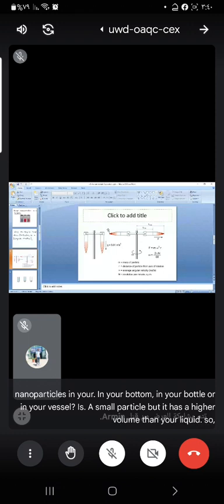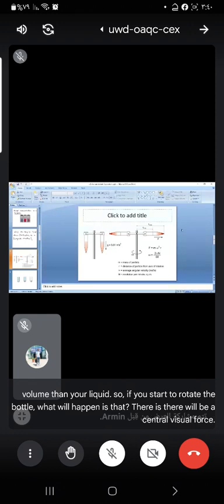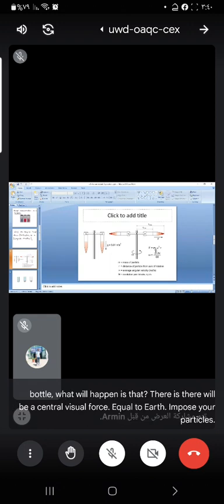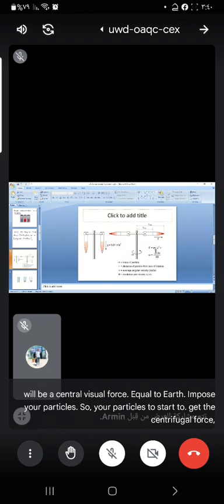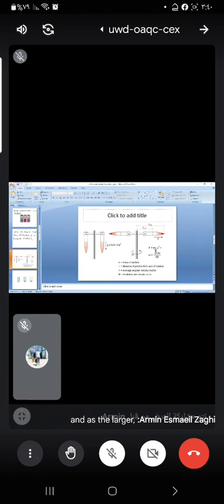So if you start to rotate the bottle, there will be a centrifugal force equal to F imposed on your particles. So your particles start to get a centrifugal force if you rotate your bottle. And the larger the mass is, the larger the force will be.